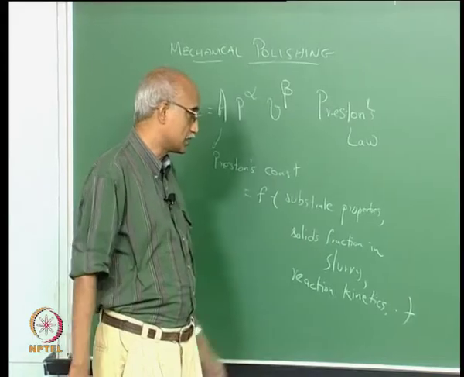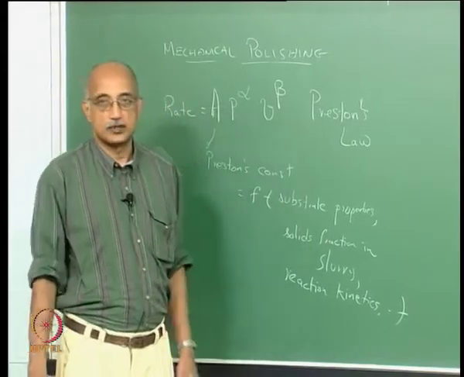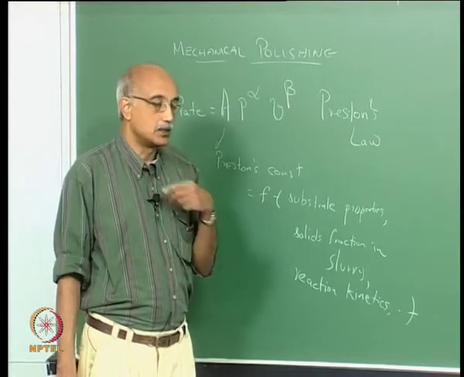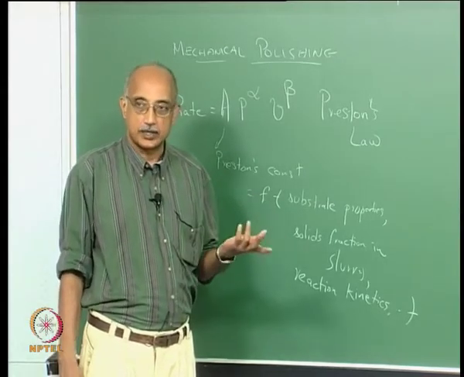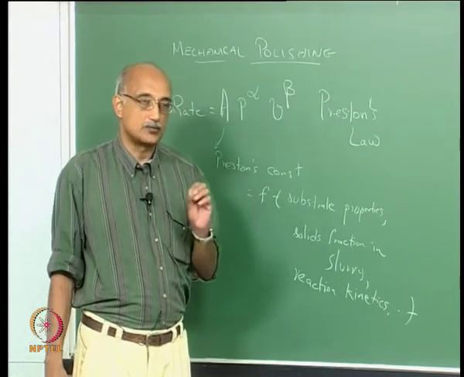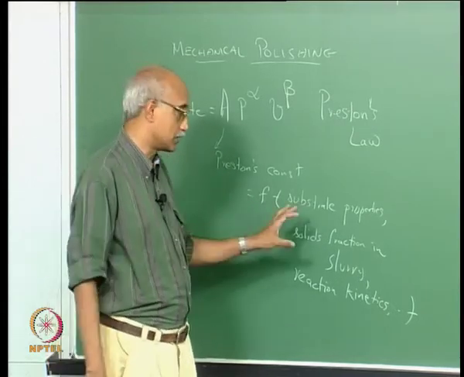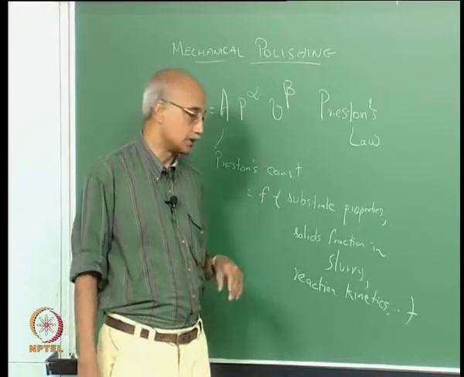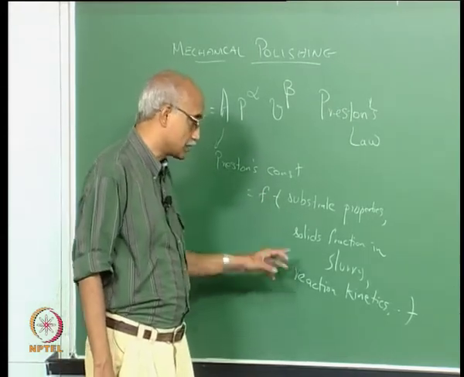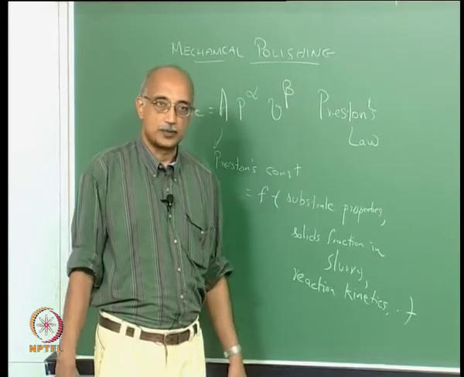The solids fraction in the slurry is obviously an important parameter. Very simplistically, the greater the solids fraction, the higher will be the polishing rate. Although that is not as straightforward as it sounds, there are certain subtleties involved in how you optimize the solids concentration. Reaction kinetics is where the chemistry comes into play.